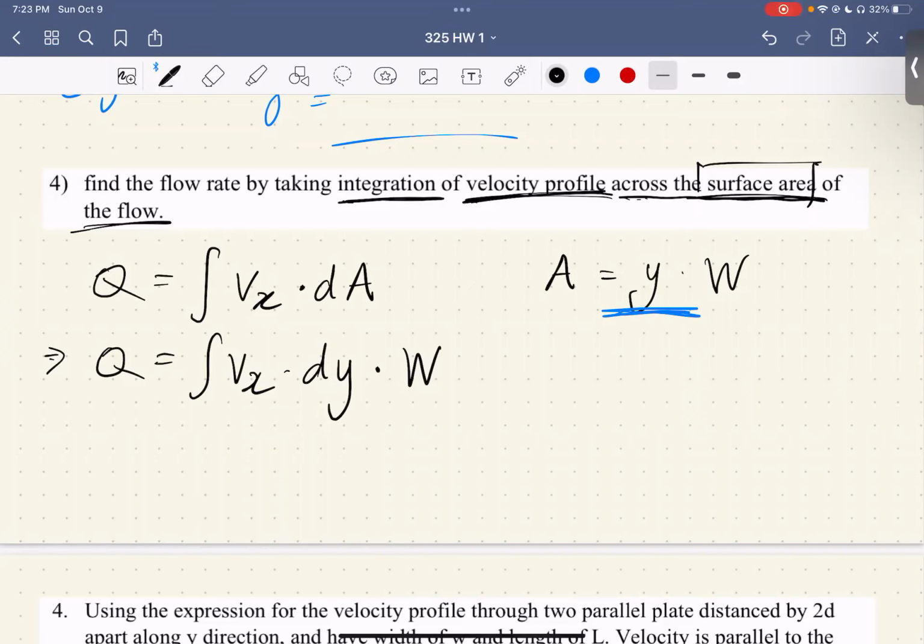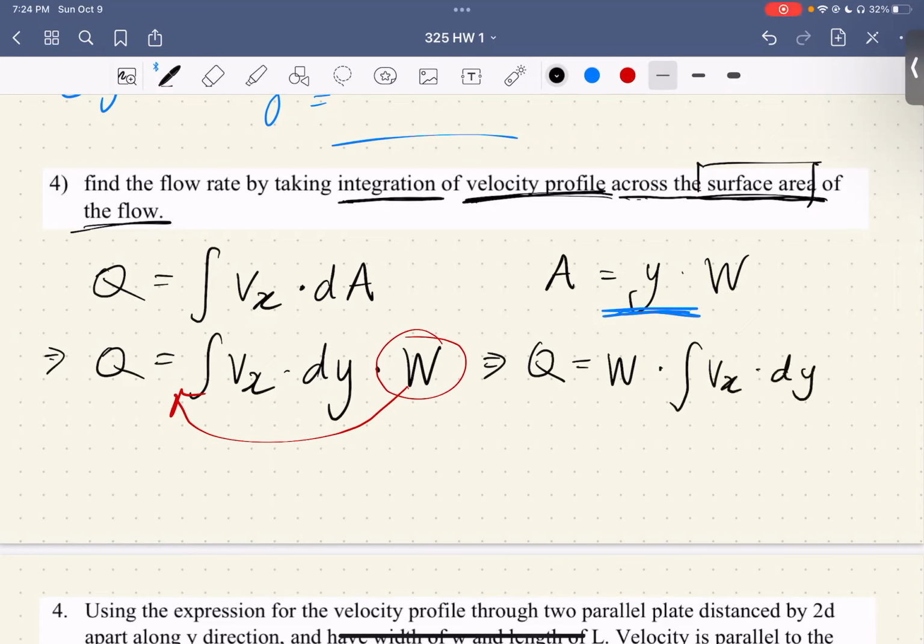As we know, width is just a constant. So we can carry this width outside of the integral, makes life a lot easier. Let's keep going. Q is equal to width times the integral of Vx and dy.